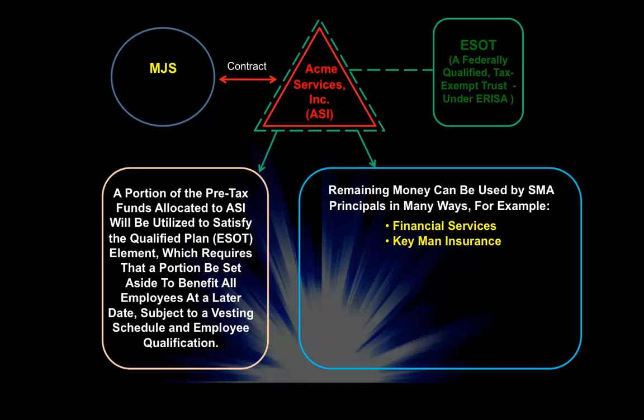And because of the contractual relationship between MJS and Acme Services, that key man insurance can be purchased and applied over at the operating company as well. That contractual relationship creates what is called an insurable interest.